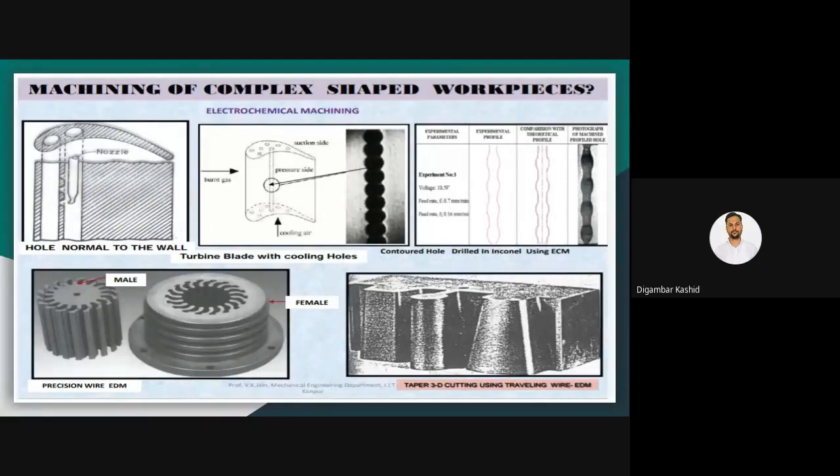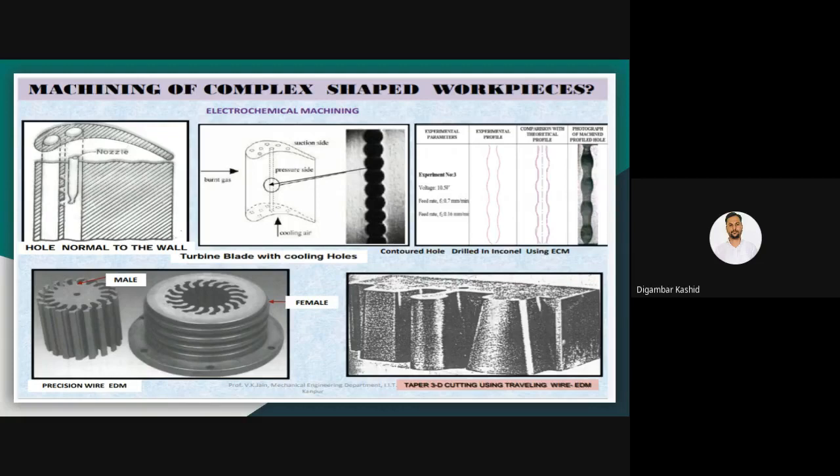We will discuss electrochemical machining also. Using electrochemical machining, it is very easy to drill these two parallel holes of 1 mm diameter and a length of near about 100 mm.